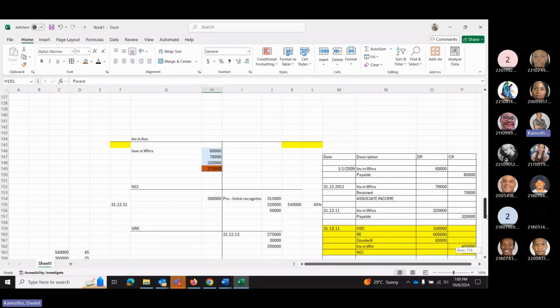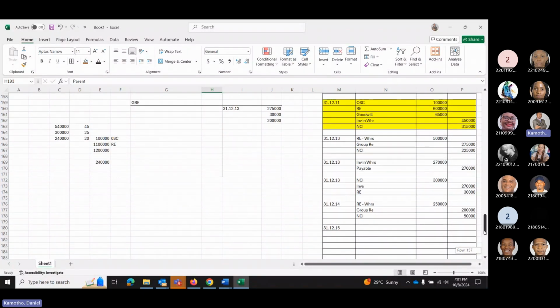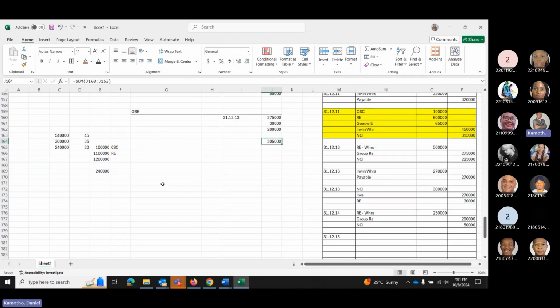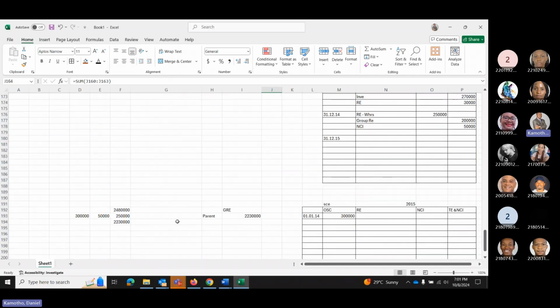What about their share of post-acquisition earning? So we can work out what the total is up to 2014. I think we have worked up to 2014 here, when we did the 200. So if we work it out, that is the profit that will be added to the parent.